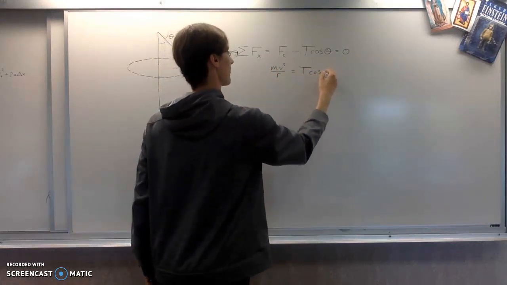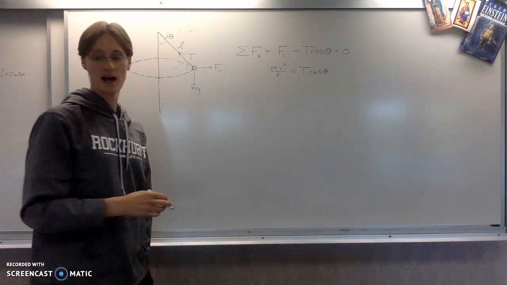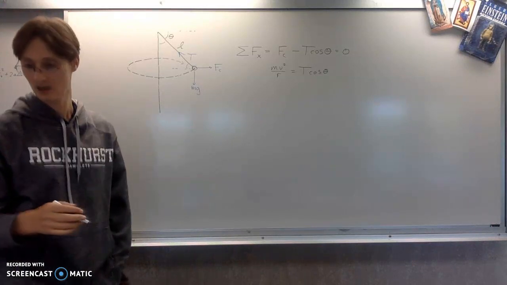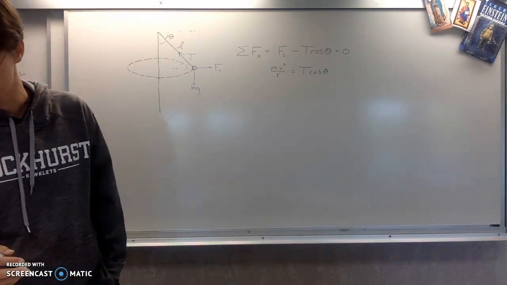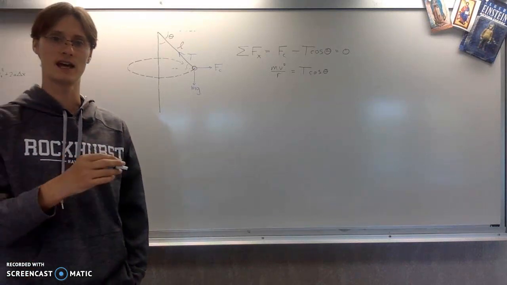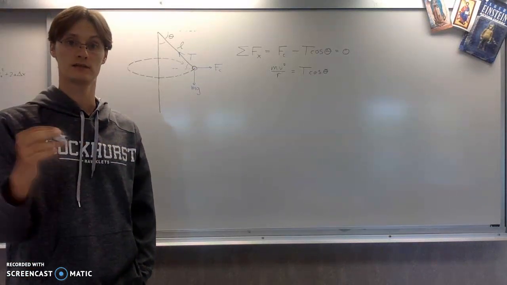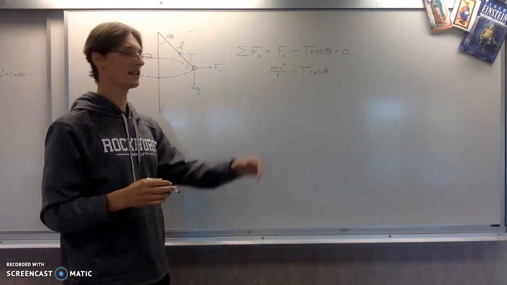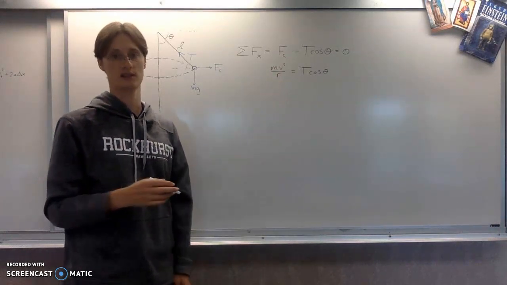And, all right, now I am doing this like a symbolic problem, okay? So I didn't give you any numbers here. You'll note that it says, find the speed in terms of m, l, theta, and g. So if I went and solved for v, I would have the tension in there.